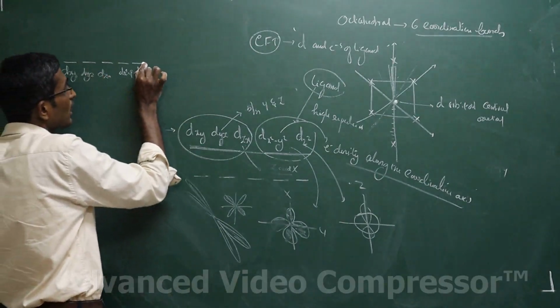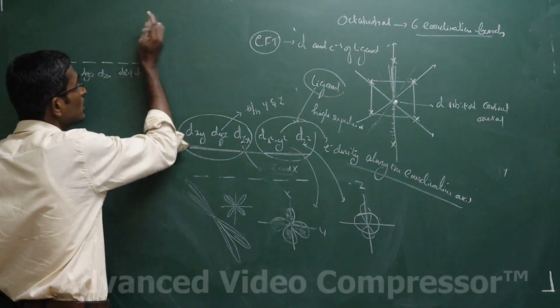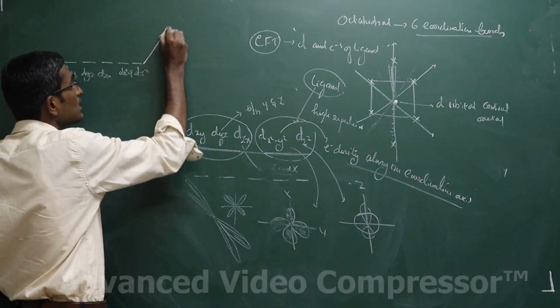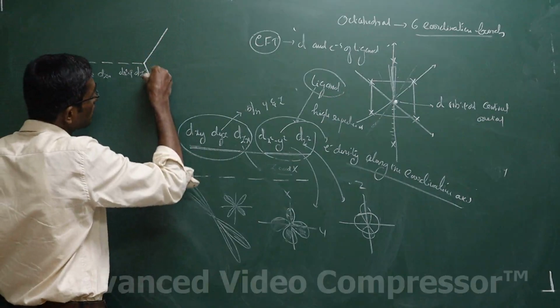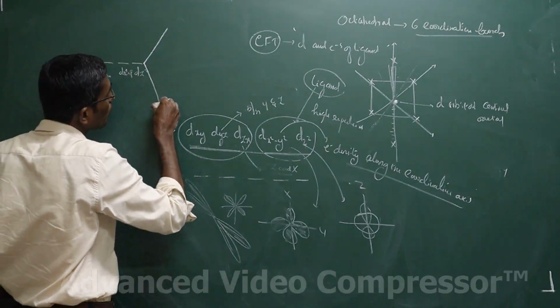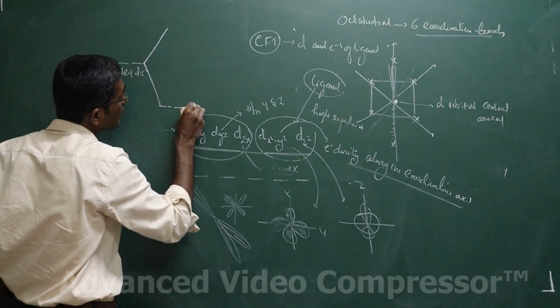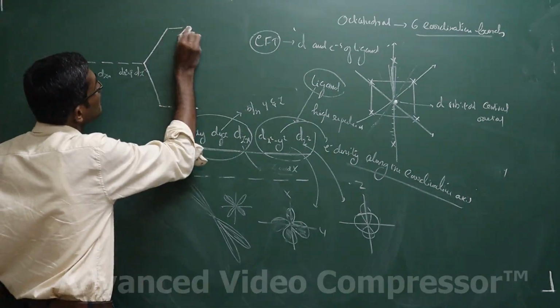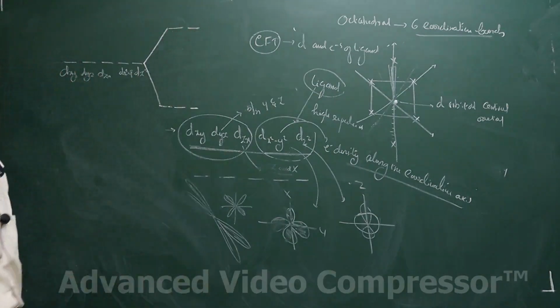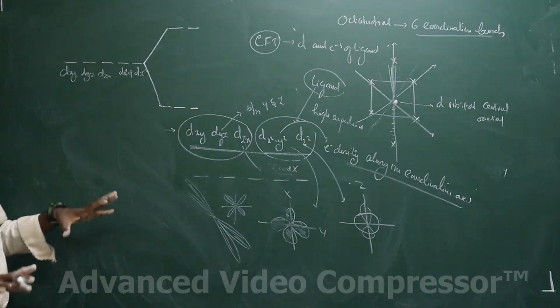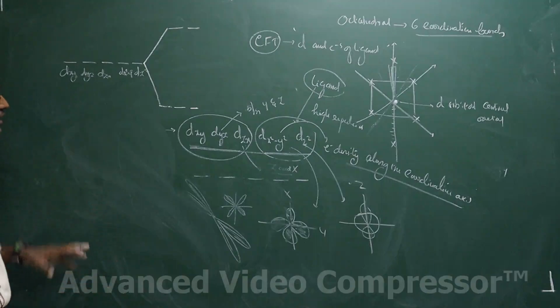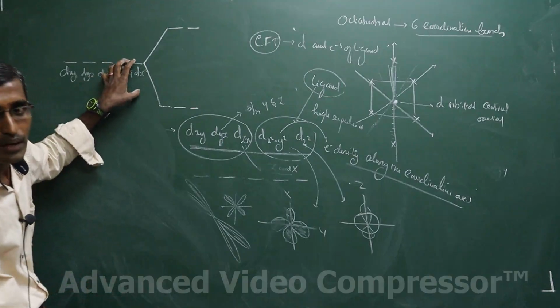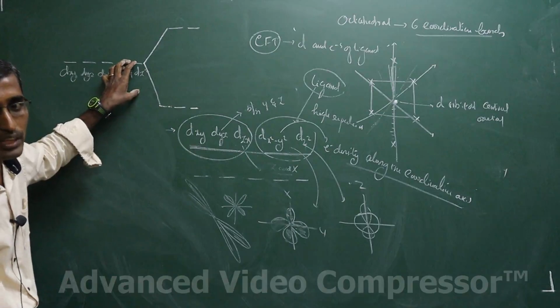What's happening in reality is that 2 of the d orbitals will have their energy raised, and 3 of the d orbitals will have a lowering of energy. Right? This is the splitting pattern in the octahedral complex. These 2 d orbitals have higher repulsion from the ligand field.